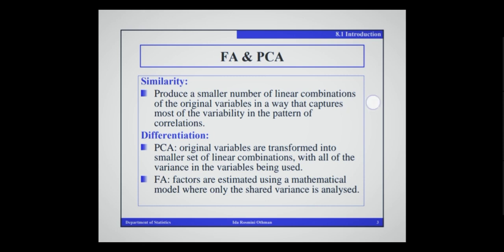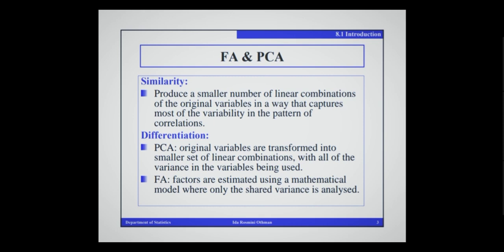Okay, so dua-dua method ni akan produce a smaller number of linear combination. Linear combination ni yang kita namakan sebagai factor. Kan, daripada banyak-banyak variables, kita groupkan the variables according to their correlations, highly correlated among the variables in the factors. Okay, that is the similarities.